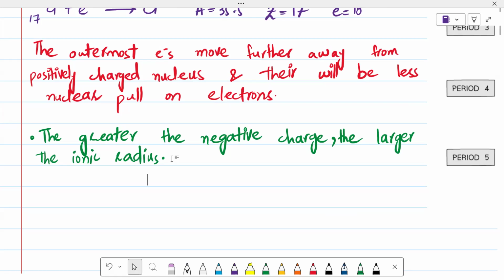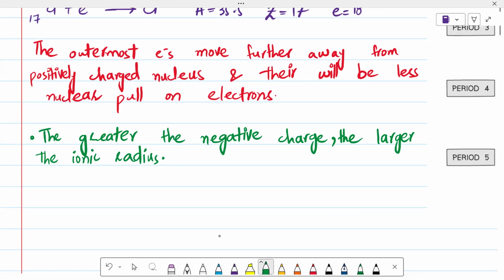Yes, the outermost shell moves further away from the innermost shell, from the nucleus, because the nucleus is the central point, right? So you will say this, I have written it over here. Read this: the outermost electrons move further away from the positively charged nucleus, and there will be less nuclear pull on the electrons, on the outermost electrons.